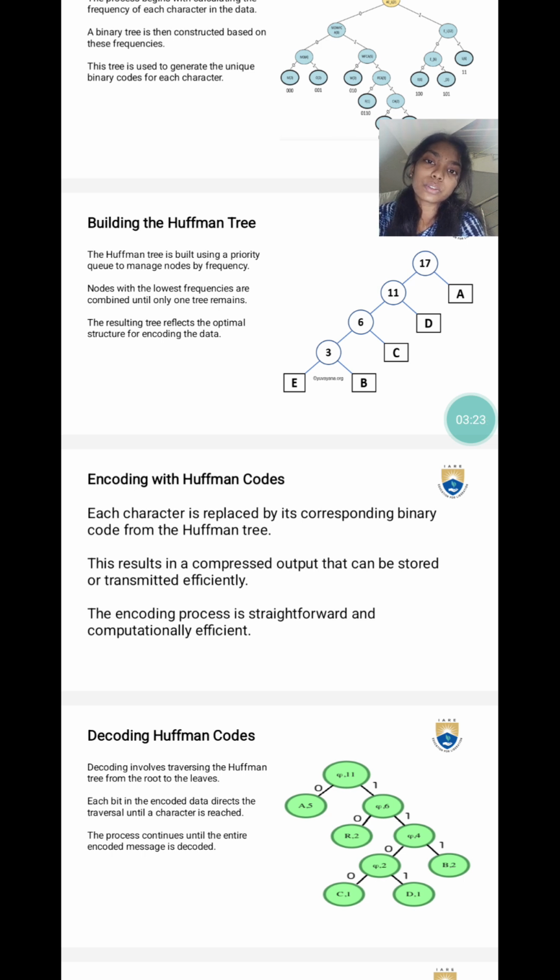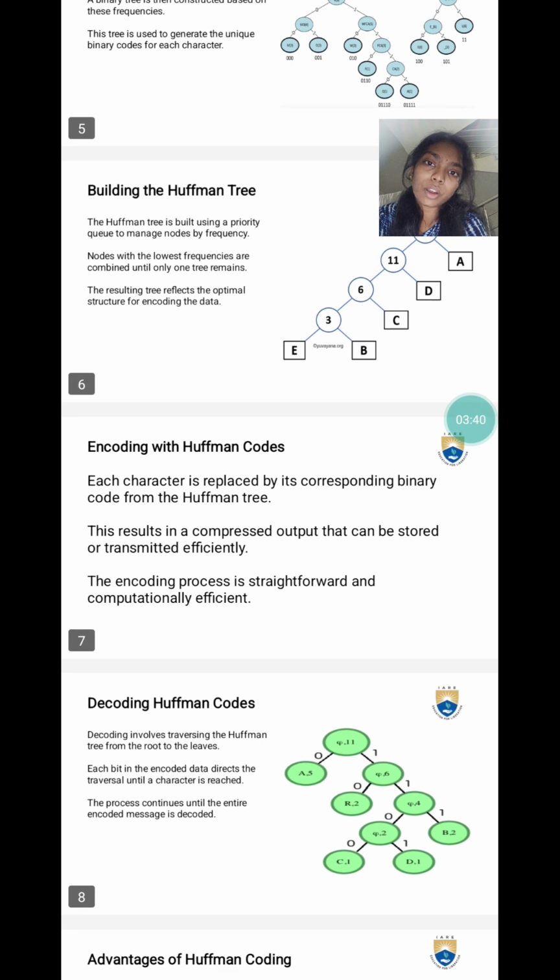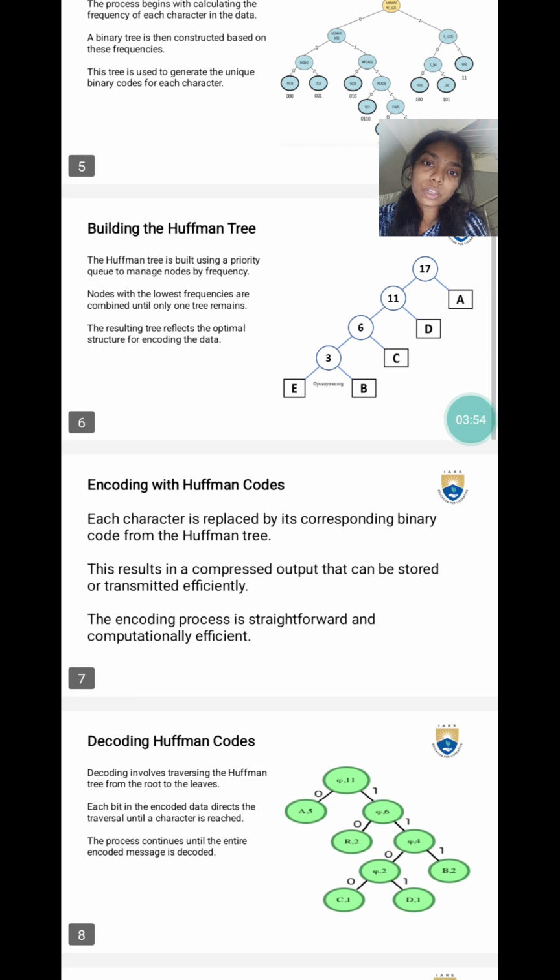A priority queue means the variables we are adding to the tree, and we manage the nodes by frequency. Nodes with the lowest frequency are combined until only one tree remains. The resulting tree reflects the optimal structure for encoding the data.